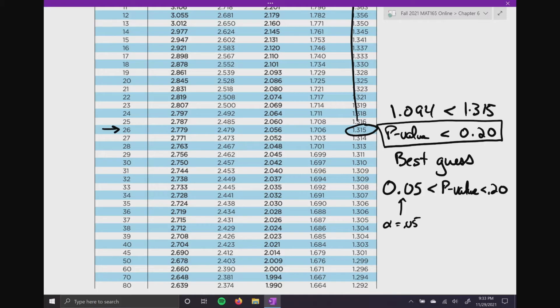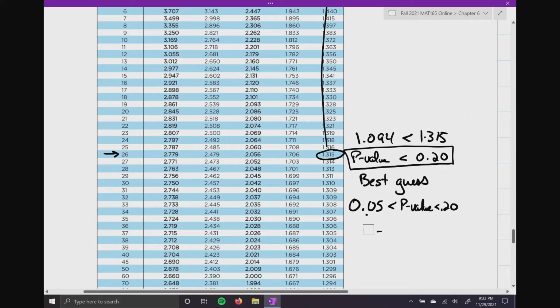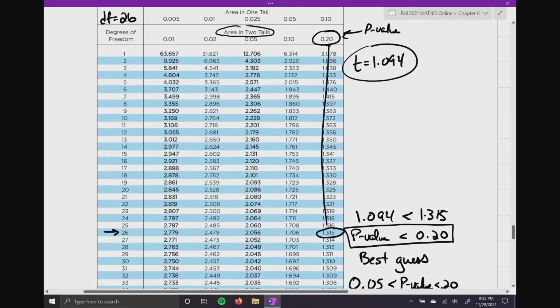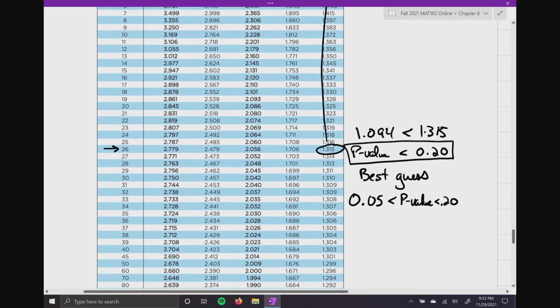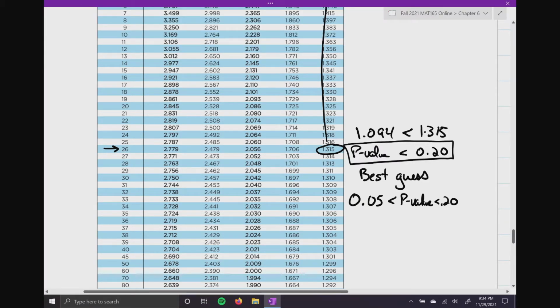Now, earlier, I made the comment that we need to be careful because we got area in two tails. So this p-value, and I'm going to change my color real quick, is really 1/2 of the actual value, because remember, we have two tails here. So in order to find the actual true value where this p-value occurs, we're going to multiply this entire inequality by 2.